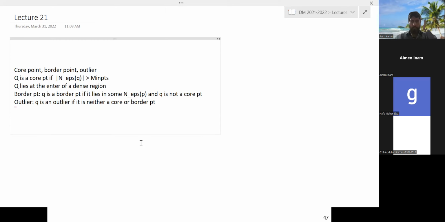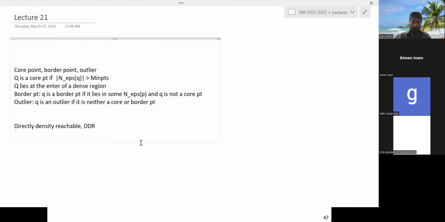Based on this, we have a couple of other definitions. One is directly density reachable, or DDR. So the first three definitions were for points. Now we are talking about 2 points, not 1 point. Okay.